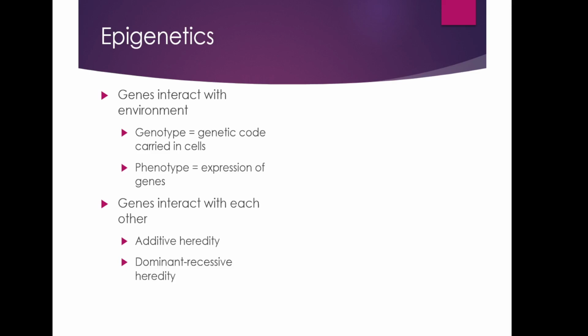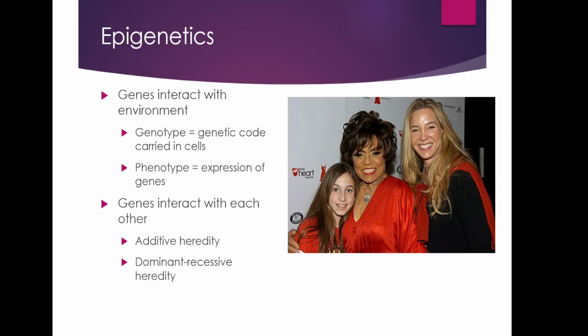Other genes follow the dominant recessive pattern. Here we have an example of Eartha Kitt in the middle. She's famous for having played Catwoman on the 1960s Batman series. On the right is her daughter, and on the left is her granddaughter. What you might notice is that Eartha Kitt's daughter seems to have inherited a lot of recessive traits.